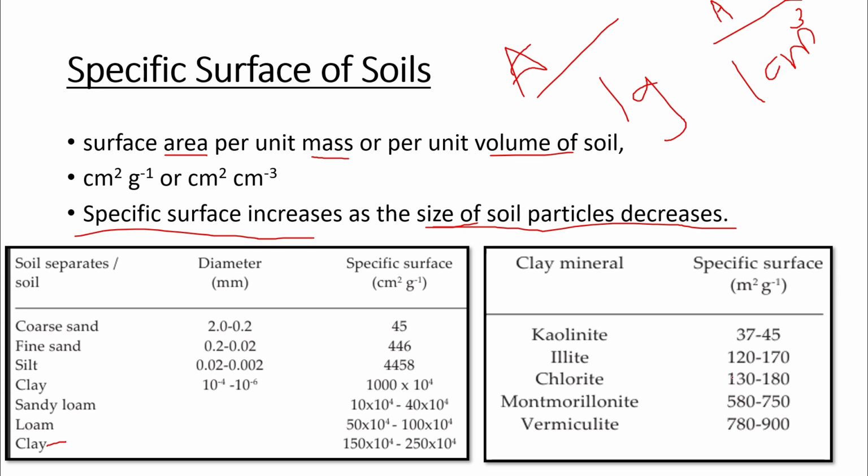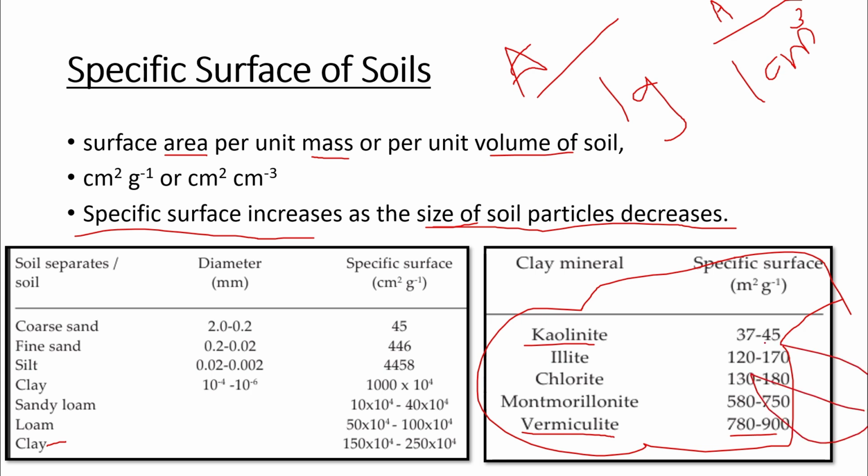Then you have to remember this also. Vermiculite has the highest specific surface among the clay minerals. Kaolinite has less. So just study this table. This is very important. If they ask about how much specific surface, you have to know that. You can study the range only.